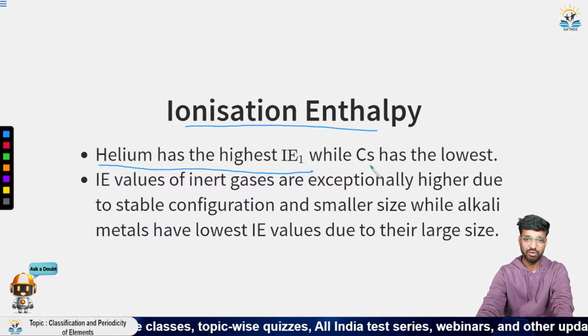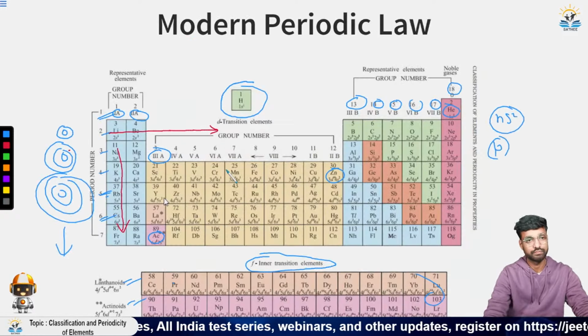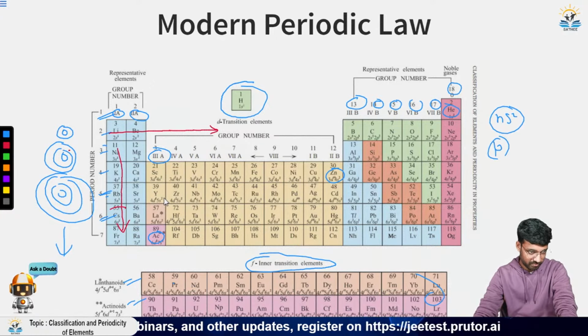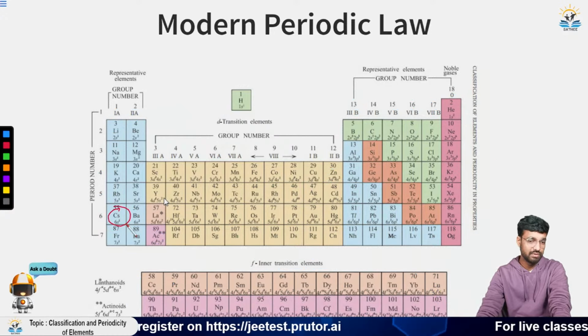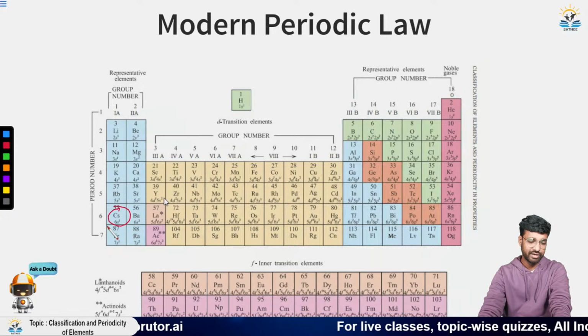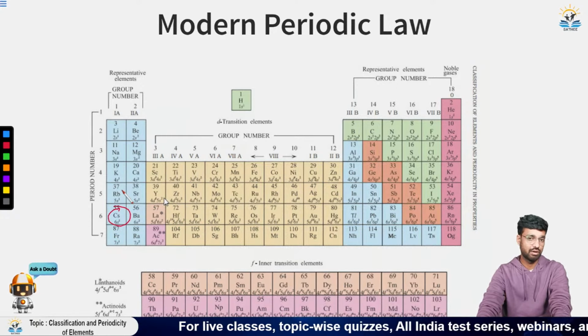Now cesium has the lowest one because, as you see in the periodic table, it is placed at the bottom. You can see very clearly it is placed at the bottom here. Since it is placed at the bottom, it has a larger size of course, and if you remove one electron, it will go to its most stable state, which is a complete octet.